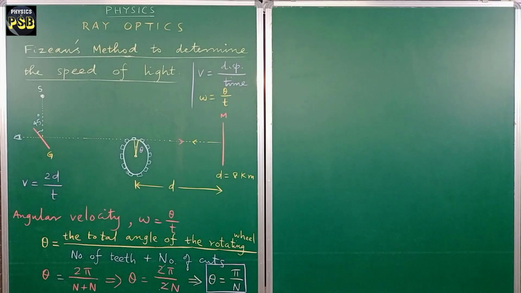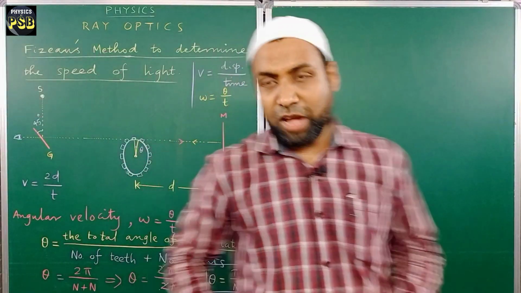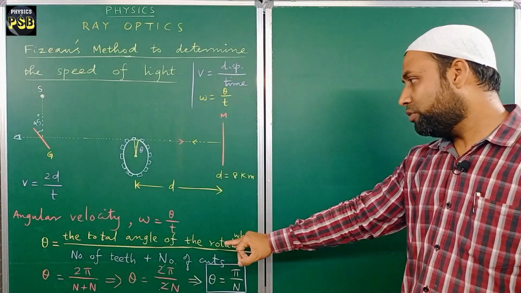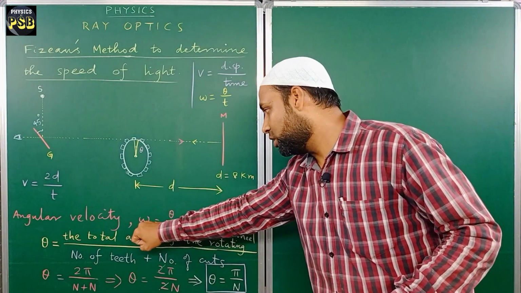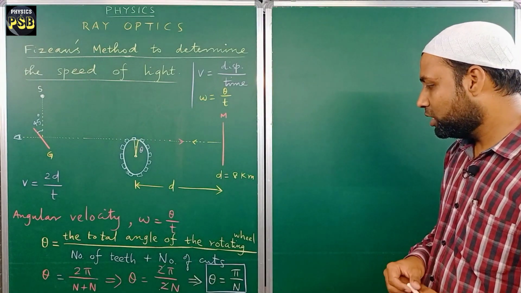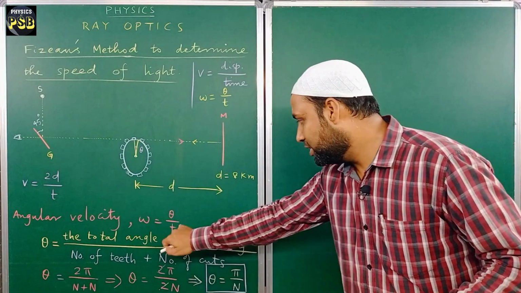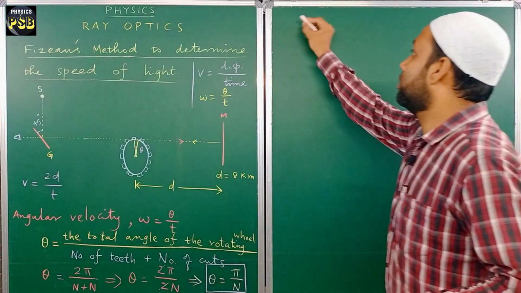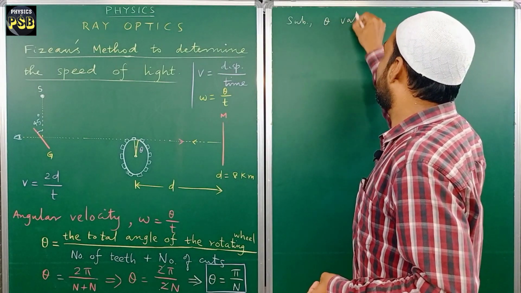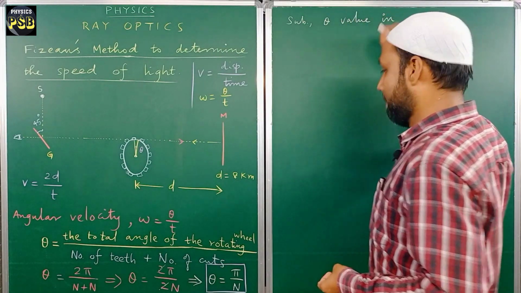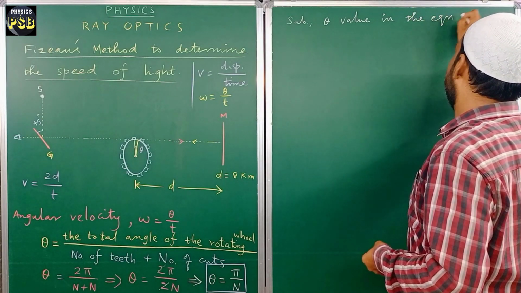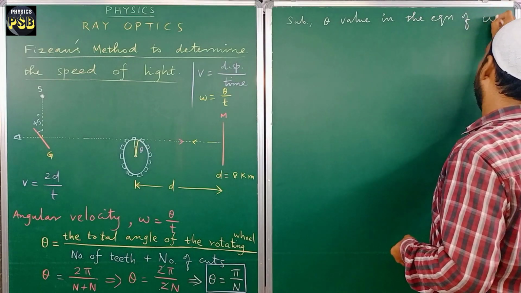Now we have the value of theta and we know the value of v. Also, we have the equation that gives the angular velocity omega. Now I am going to substitute the value of theta in the equation of omega.